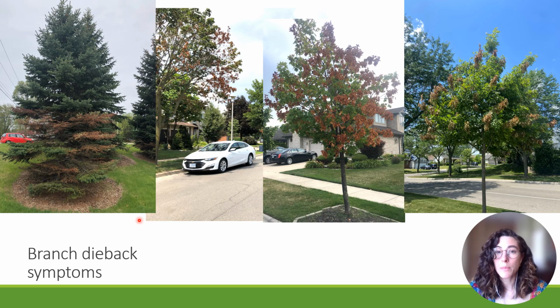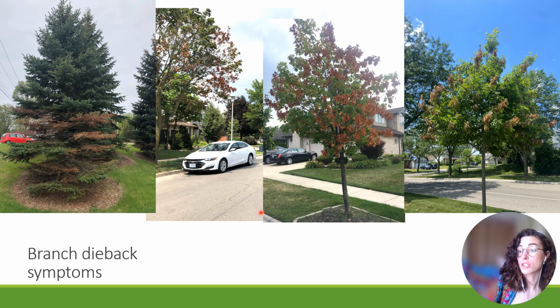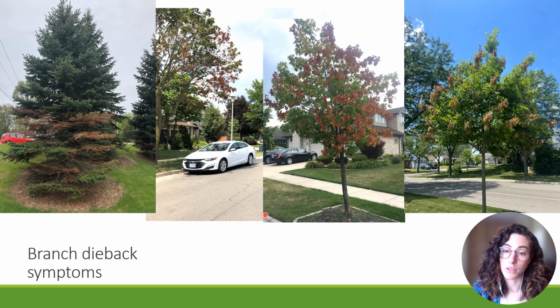So let's look at a little bit of the symptoms that we would see with branch dieback, just so you can visualize the difference between when I showed you just the foliar problems. And remember, with our foliar problems, there should be distinctive symptoms on the leaves themselves. For example, blotches or speckles, different coloration. You should be able to see some leaves green, some leaves brown.